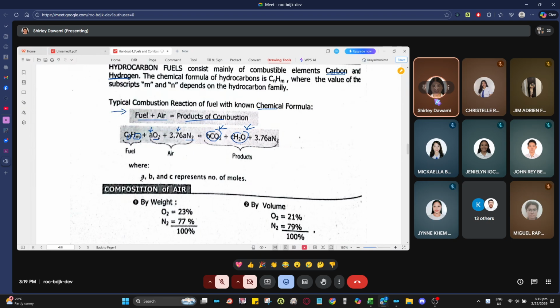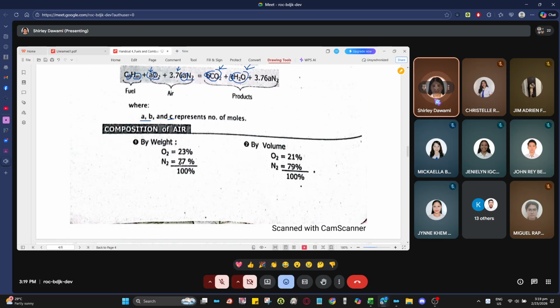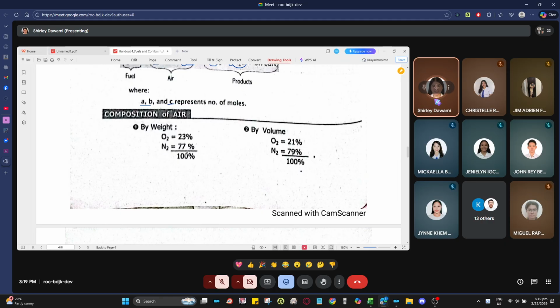Okay, so a, b, and c represent the number of moles. For the composition of air by weight, oxygen is 23% and nitrogen is 77%.